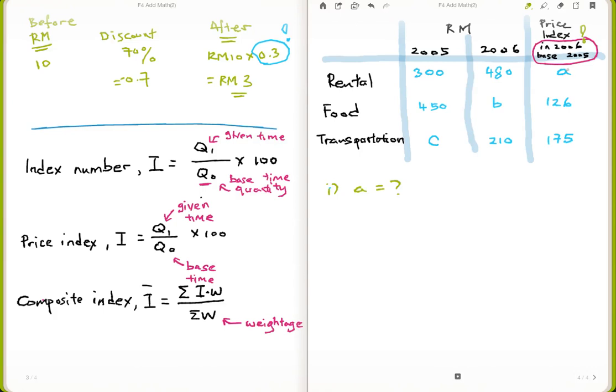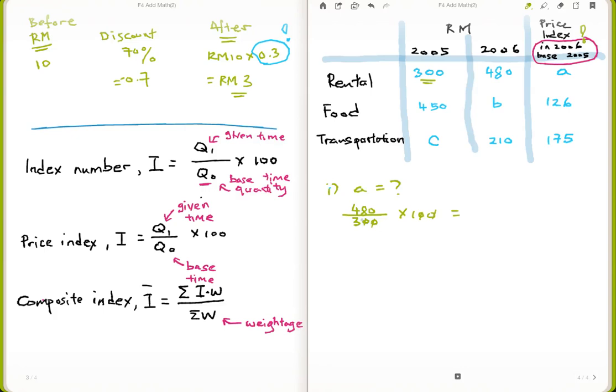So by taking 2005 as the base, this number is the base. So that would be 300 divided by 480 times 100 according to our definition.